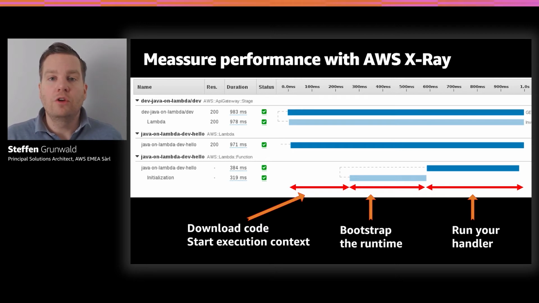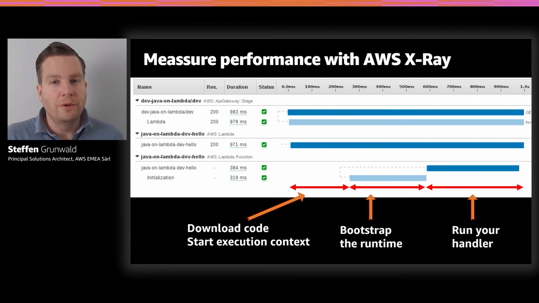And then you have a good outsider view of what's going on in these phases and how much time they take. To look at what's going on inside of your function, you can also use the X-Ray API to emit custom segments and to see and visualize certain parts of your code.